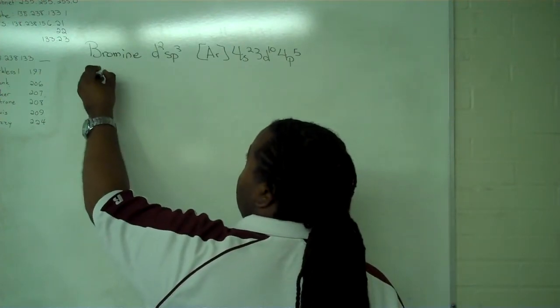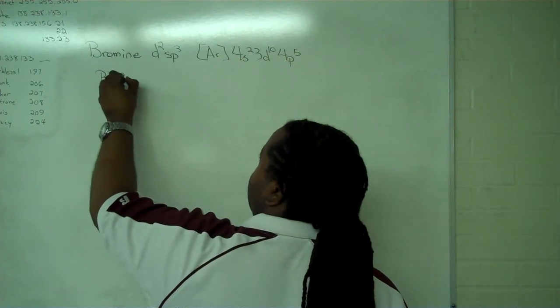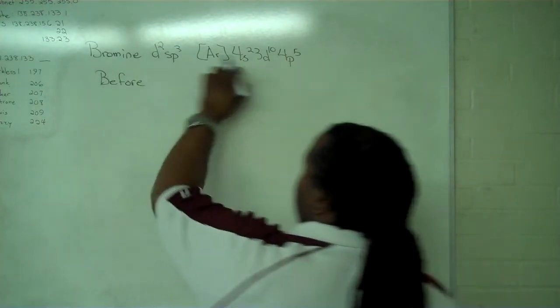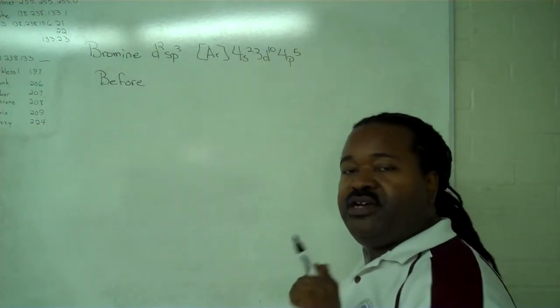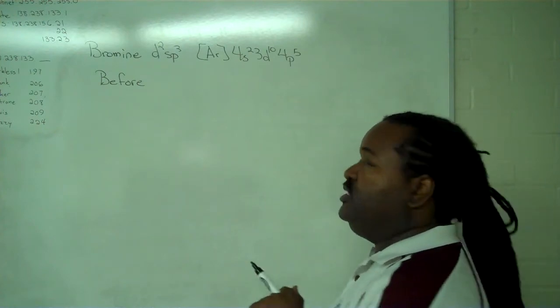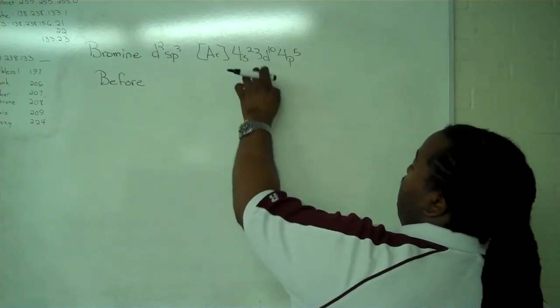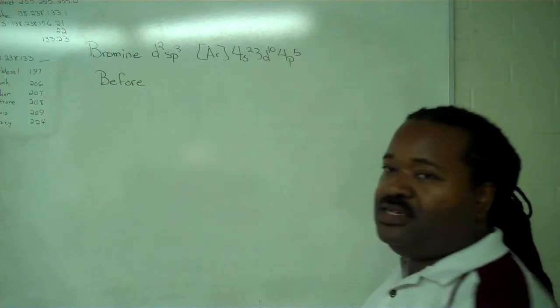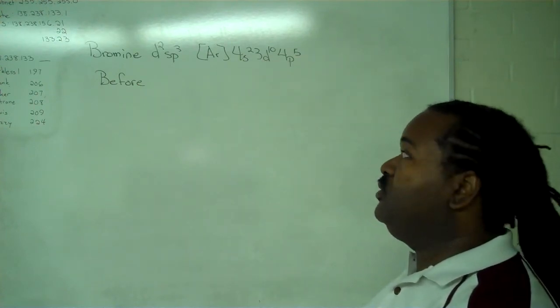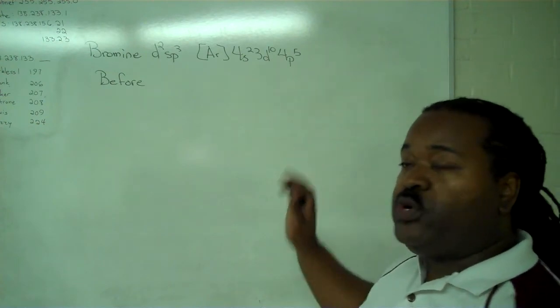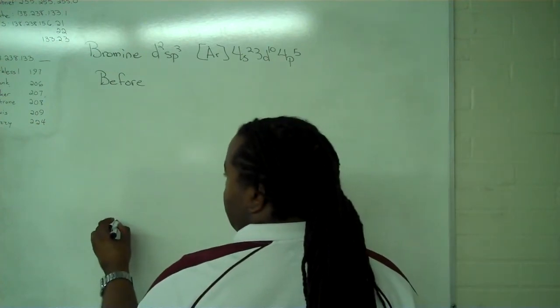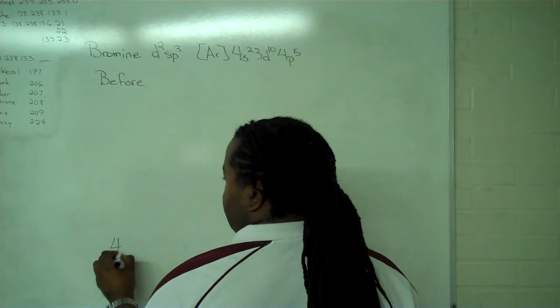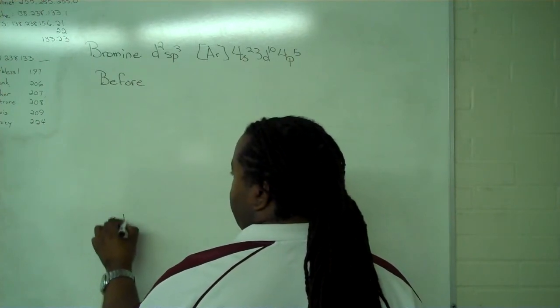So, we draw the before picture based on what we have here, bearing in mind that because this is dsp type hybrids, we need a d orbital that's the same type as our principal quantum number on our s and p. So we'll be using 4d for the hybrids. Now what that means is that when we draw this out, we have our 4s, 1, 2.